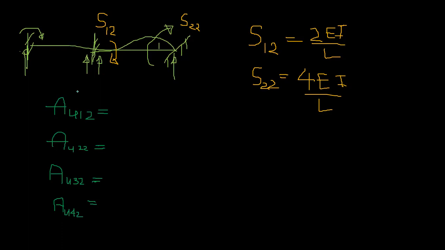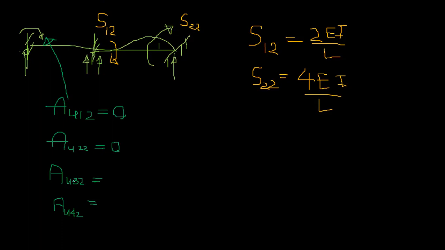Right? So AU12 is this. No effect on this part, so that brings you to 0. No induced bending moments because this support is not moving or rotating. AU22: no loading or no effect on this part. So AU22 is 0.